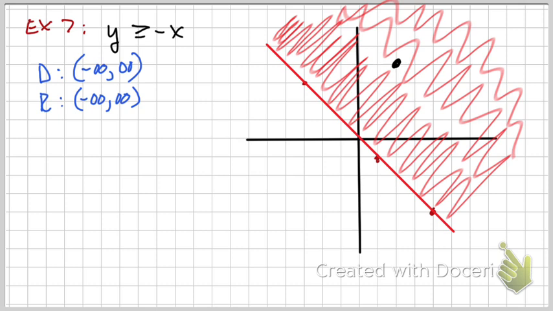Will that pass the vertical line test? Think about it. If I do a vertical line, that's going through an infinite number of points. Look at that. All this red is points. No way that's a function.